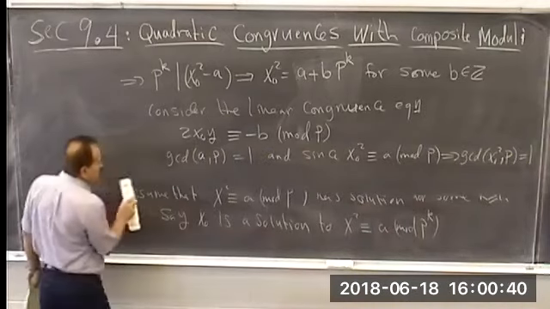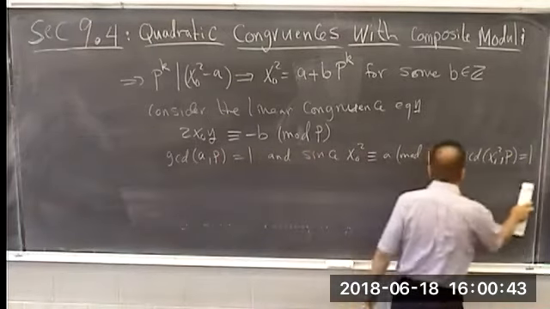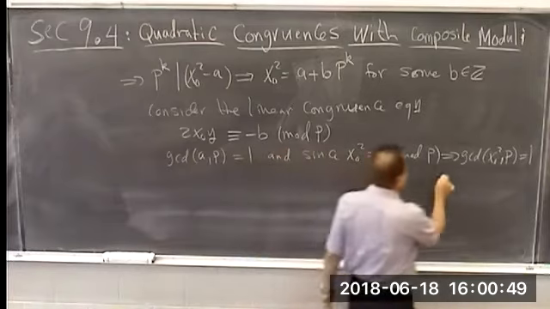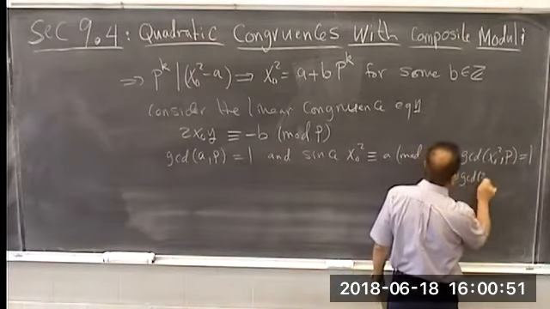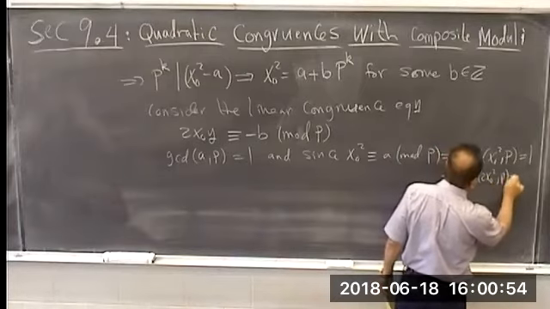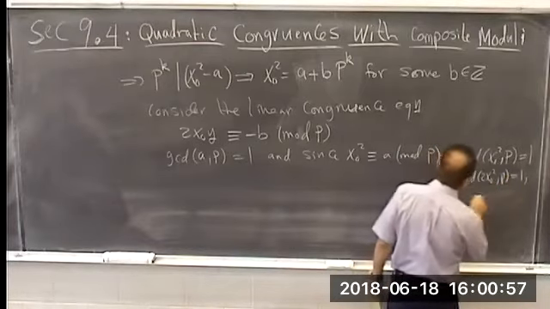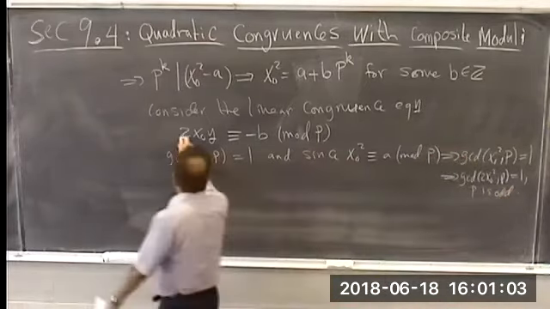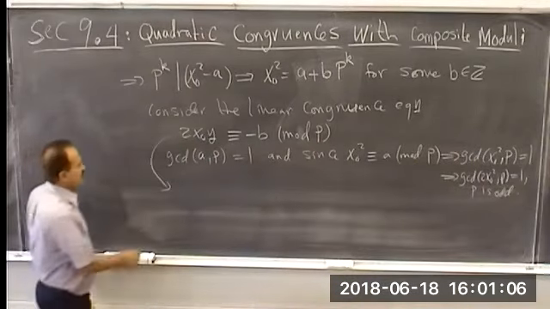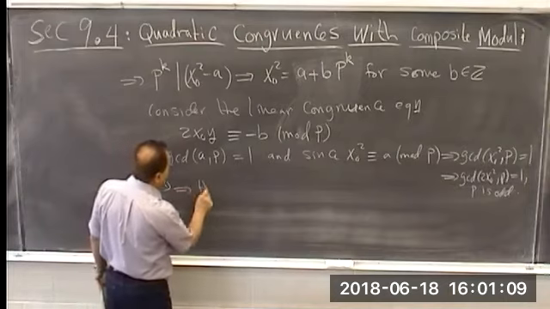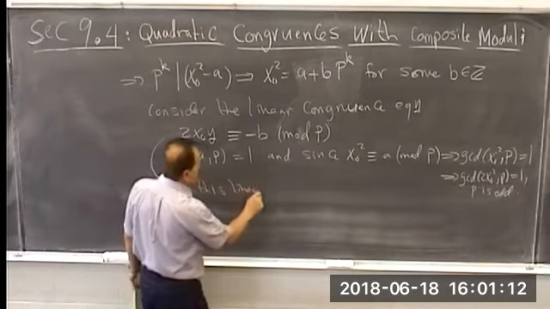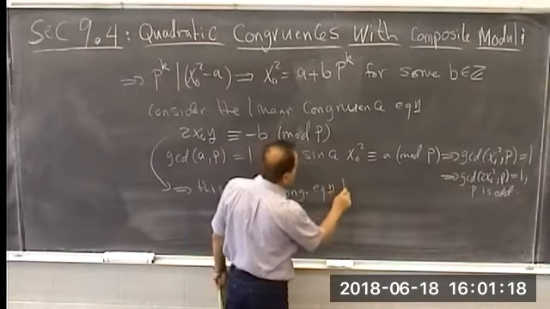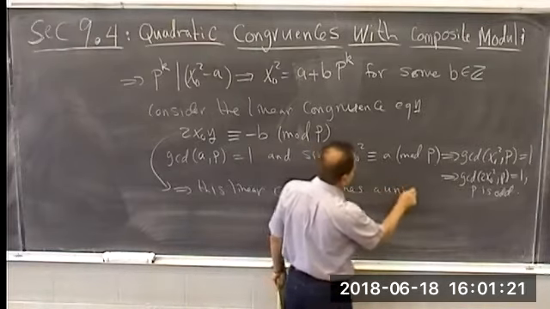One other thing, the greatest common divisor of 2x 0 and p is equal to 1, because p is an odd prime. This means that this linear congruence equation has a unique solution.